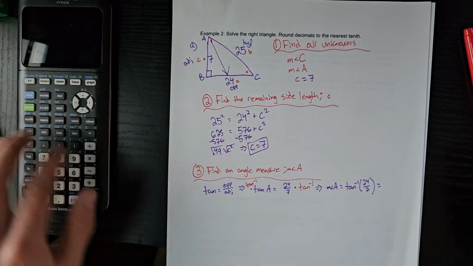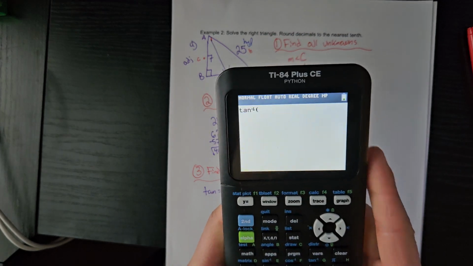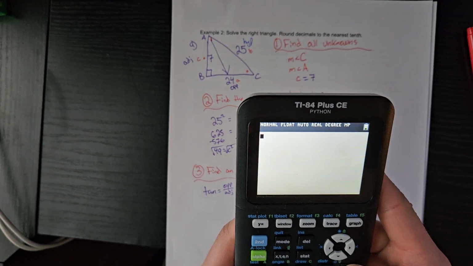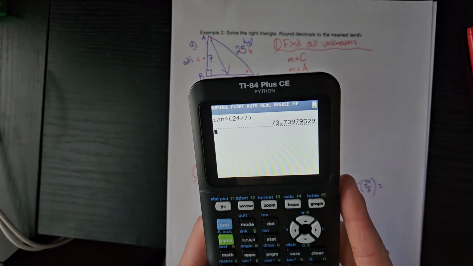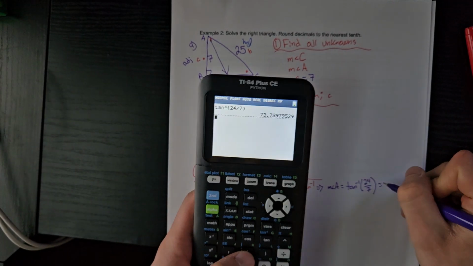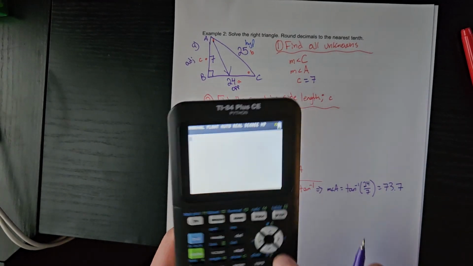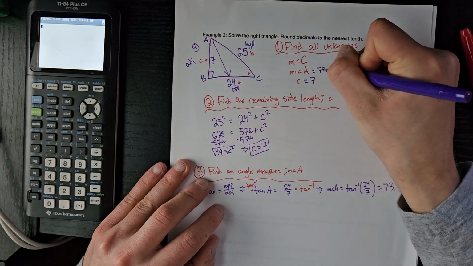And that's going to get me the value of, nope, not caret, 24 over 7 gives me 73.7. So that's my angle measure for A, 73.7.